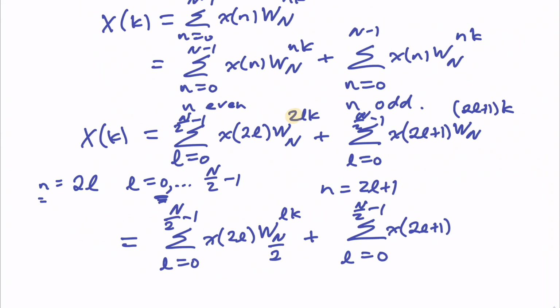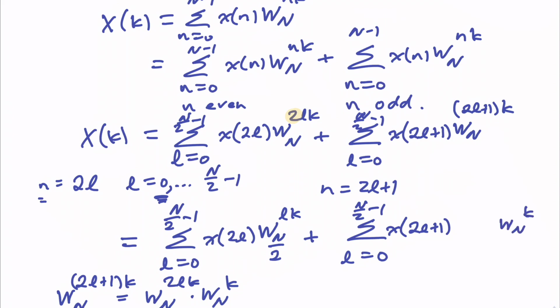And then this would be, going to the side here, W_N to the (2l plus 1) times k is W_N to the 2lk times W_N to the k. All right, so I'm going to factor this out, and I'm going to write what's left as W_{N/2} to the lk.